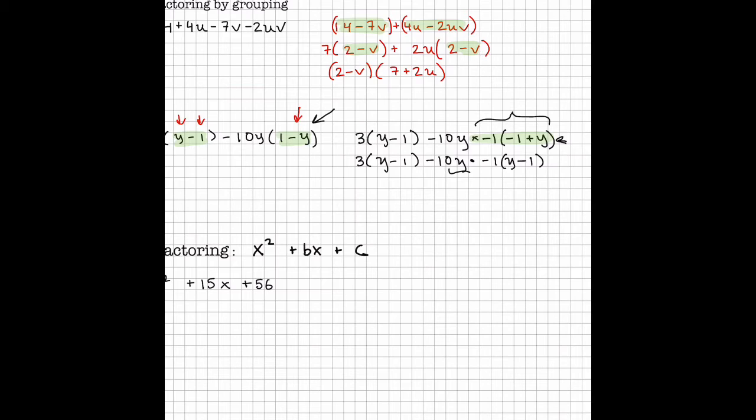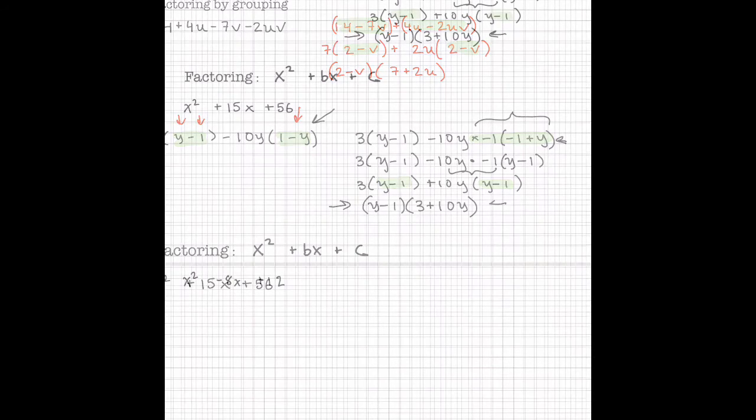Then I'm going to simplify here: 3 times y minus 1 plus 10y times y minus 1. Now we can definitely pull this out. We can divide it out, undistribute it. I end up with y minus 1 times the quantity 3 plus 10y. And that is my final answer.